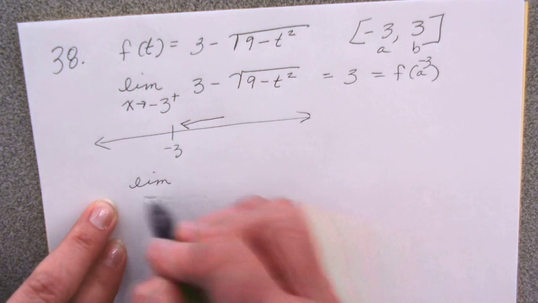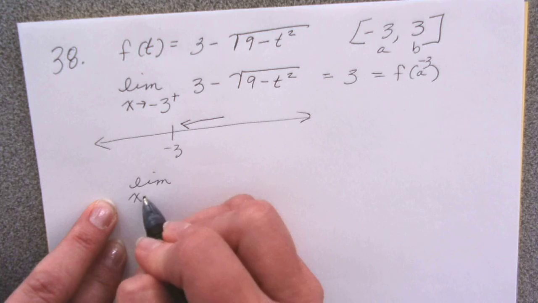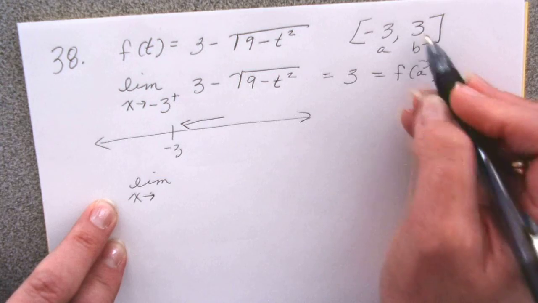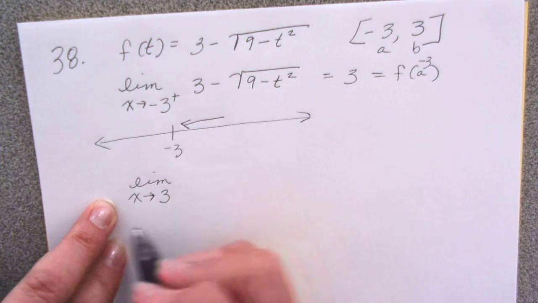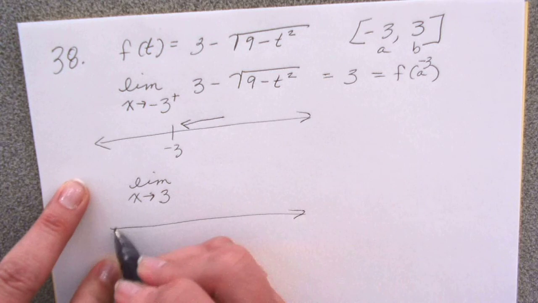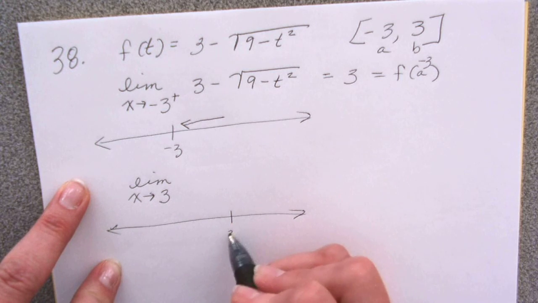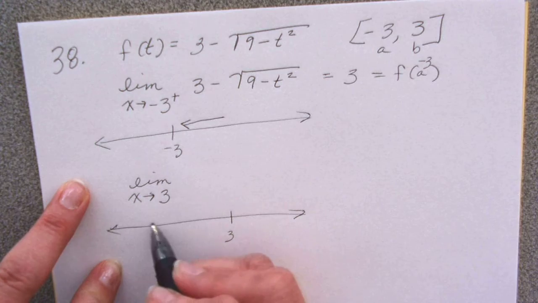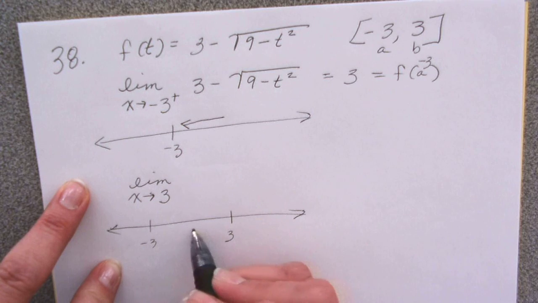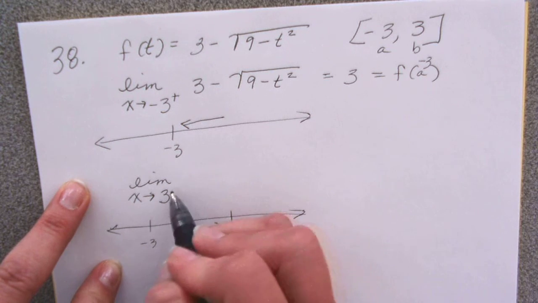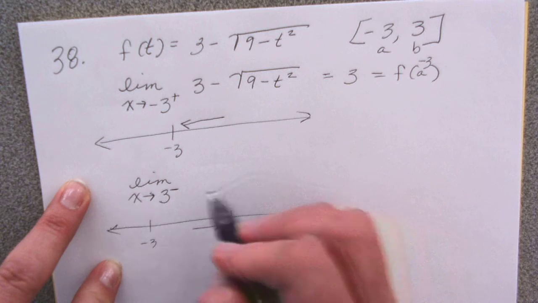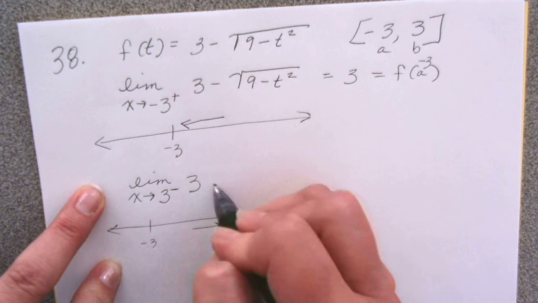Okay, so the limit as x approaches b is +3. So I'm going to be approaching +3 from the left because I want to be inside of this interval, right? And then put in the same function.